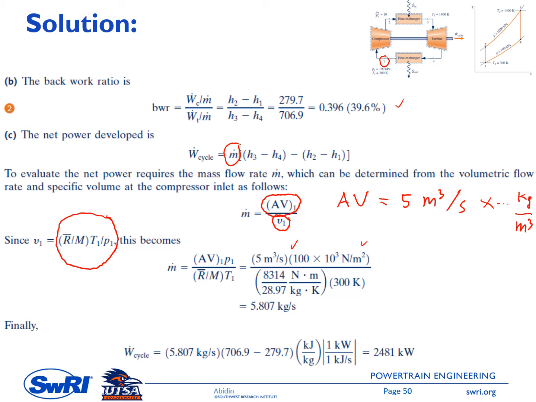So we have P1 here, 100 kilopascal. You need to multiply it by 1000 to get Pascal, and the Pascal unit equals Newton per square meter. Here you need to multiply by 1000 to convert the unit from kilopascal to Pascal.